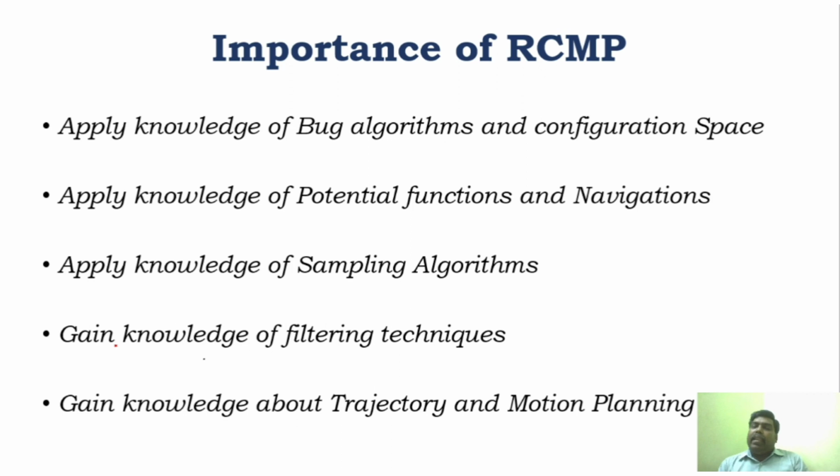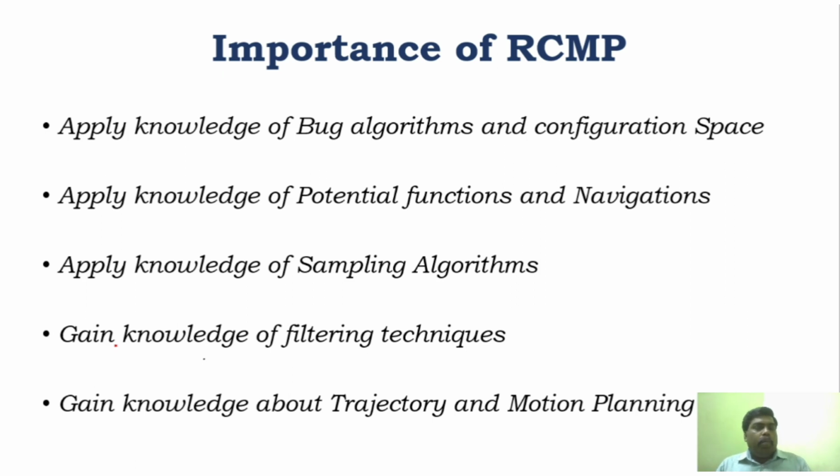The main objective of the subject is to know about the motion of the robot, like how we can plan the motion of the robot. For that we will see a lot of algorithms, how to design those algorithms, what the configurations are, how the navigation takes place. That is what you're going to study.